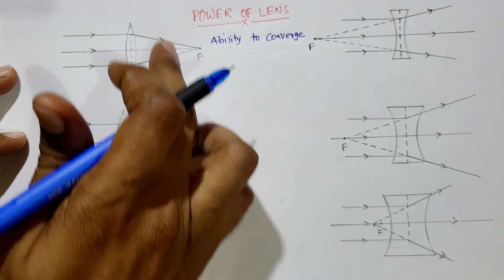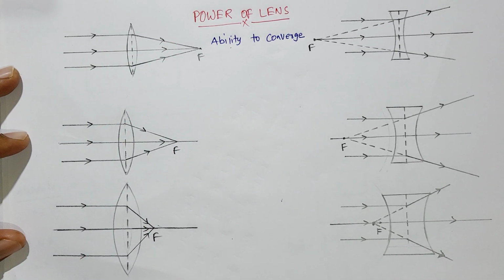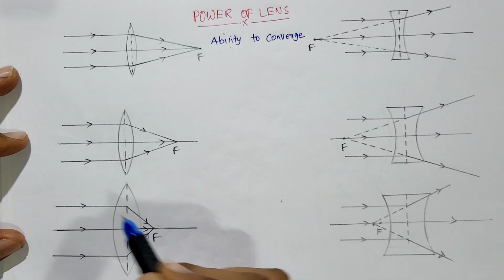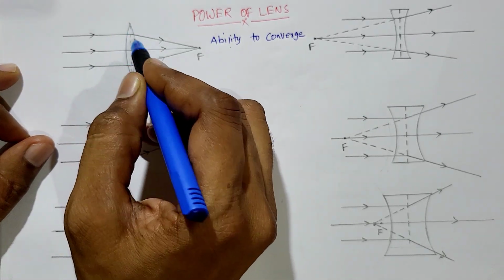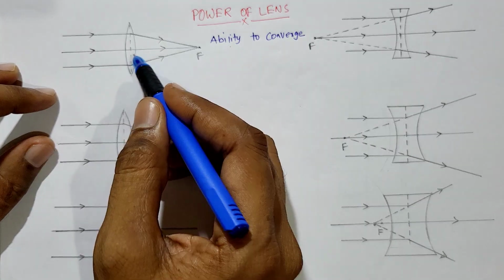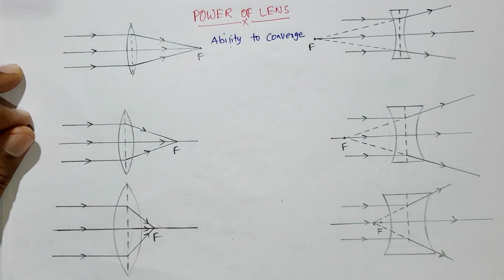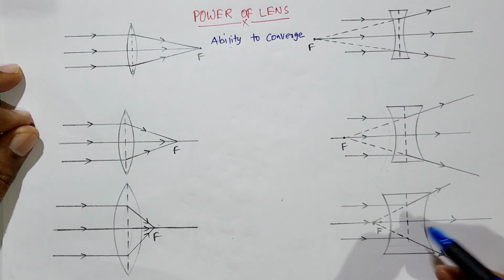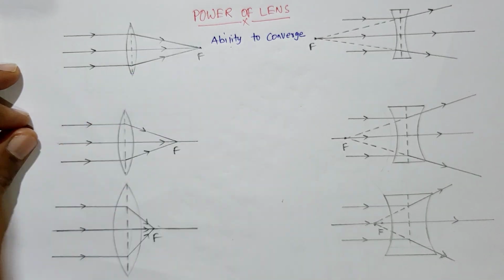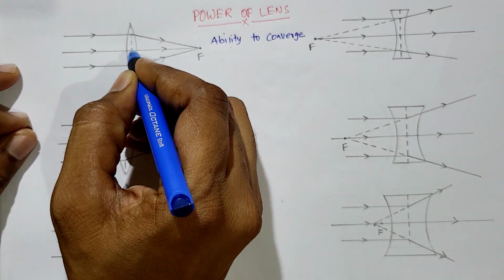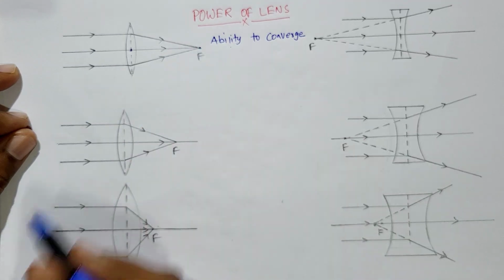If you look at these three, I have taken three lenses. For all the three, I have given a parallel beam of light rays. See, for the first lens, the thickness of the lens is very less. These three are convex lenses or converging lenses. These three are concave lenses or diverging lenses, right? So the thickness of the lens is very less here. What happened? The focal length of the lens is very high.